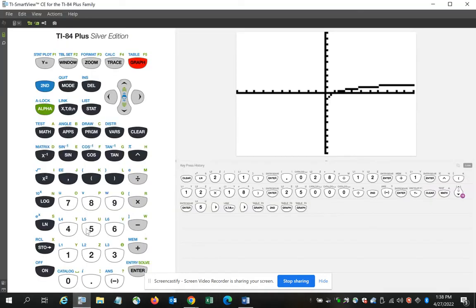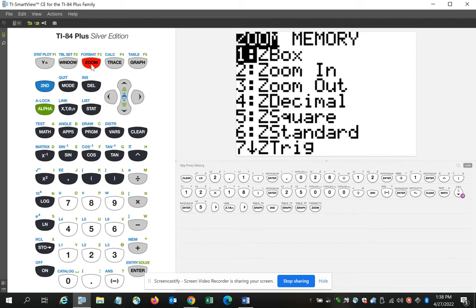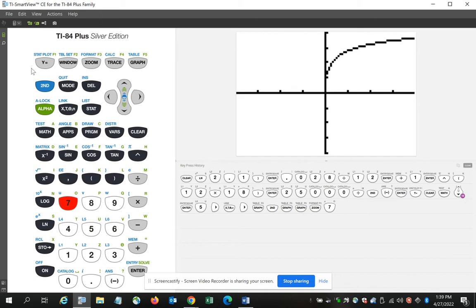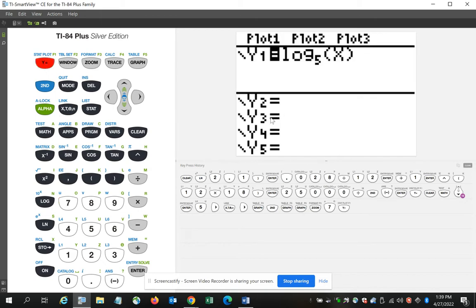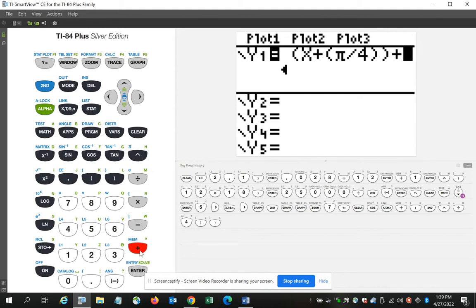Now again, you could put that into your calculator. You would need to convert your window. I can tell it to zoom and do the trig, which is 7, and then I can enter it. I would enter the cosine of x plus, and I'm going to put the pi over 4 in parentheses, second pi divided by 4, plus 2.